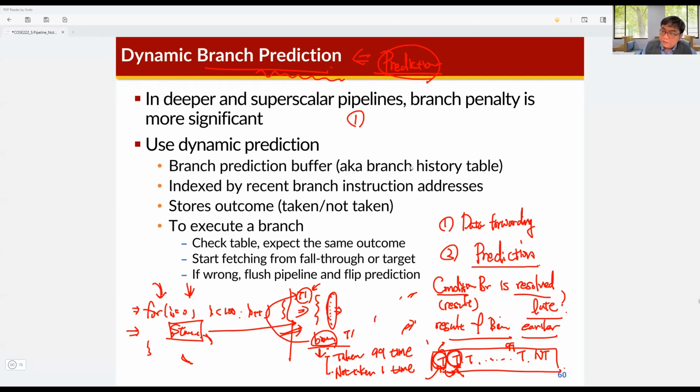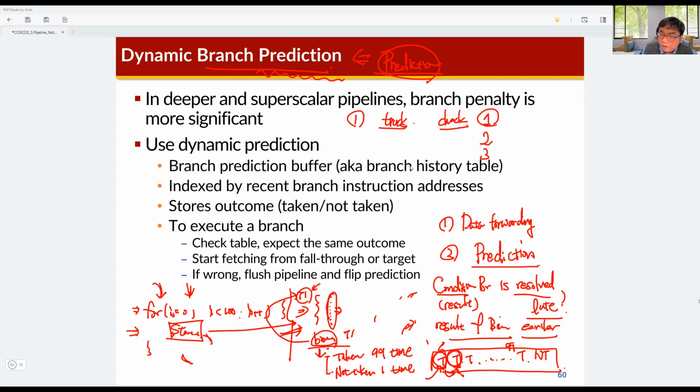So for this prediction, we can track. Track means that we can just check one previous event, or two previous events, or three consecutive previous events. If we just check one previous event, then we check the result of the branch instruction only for this one time.